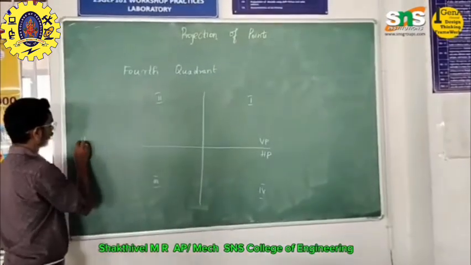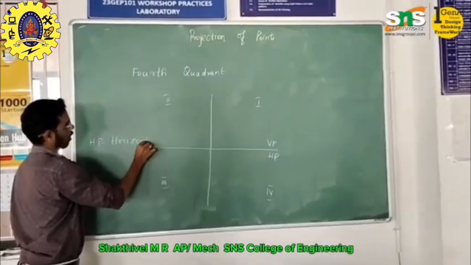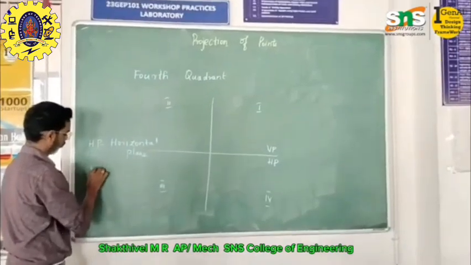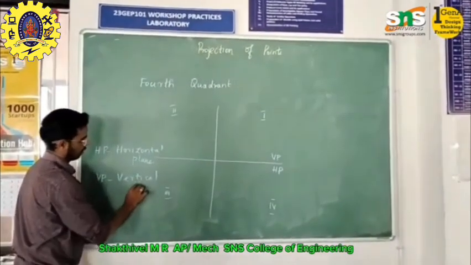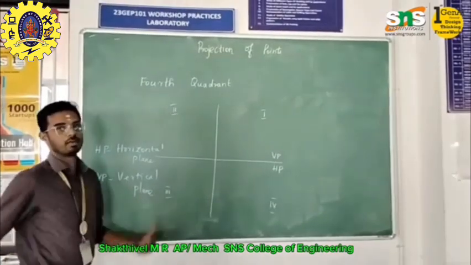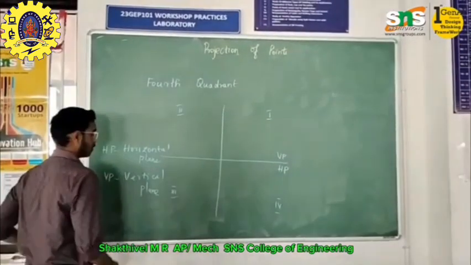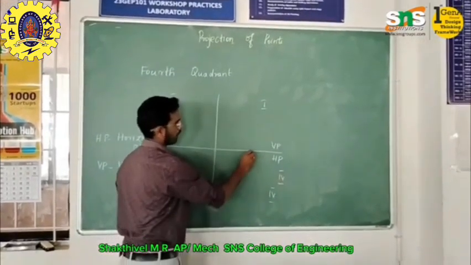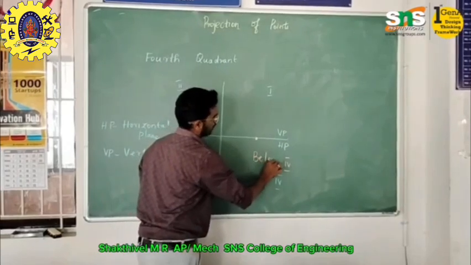In that particular fourth quadrant, we are going to draw below HP.